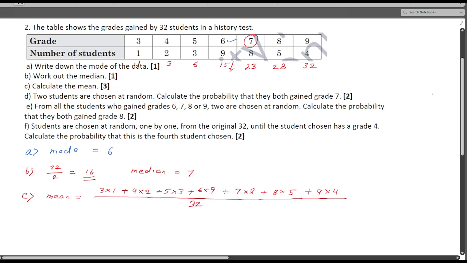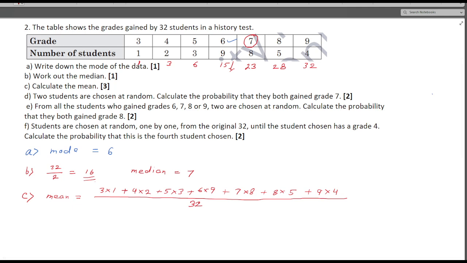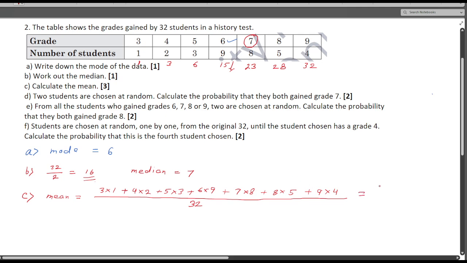So if I do the calculation, 3 times 1 is 3, plus 4 times 2 is 8, plus 5 times 3 is 15, plus 6 times 9 is 54, plus 7 times 8 is 56, plus 8 times 5 is 40, plus 9 times 4 is 36. Their total is going to be 212.